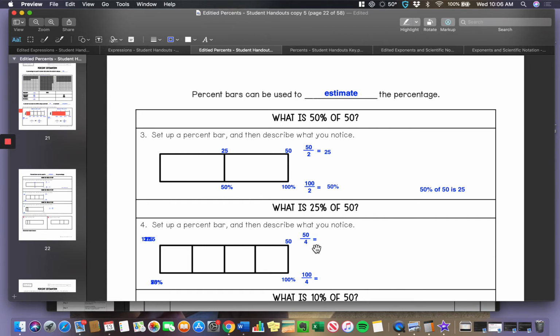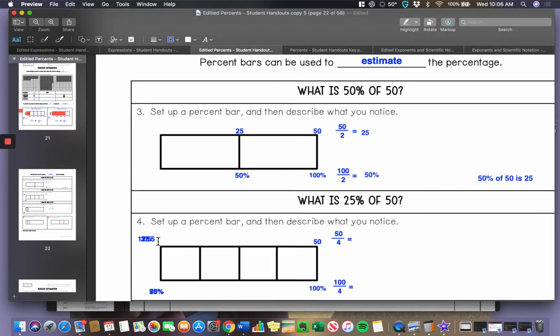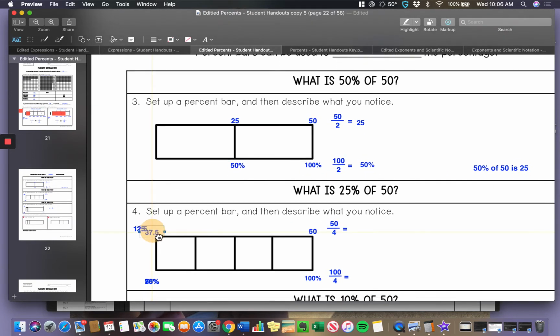But for the sake of this, I'm going to use Alexa: what is 50 divided by 4? 50 divided by 4 is 12.5. Now I know what is going to go in my boxes. So I have 12.5. And again, you can add to the previous one.